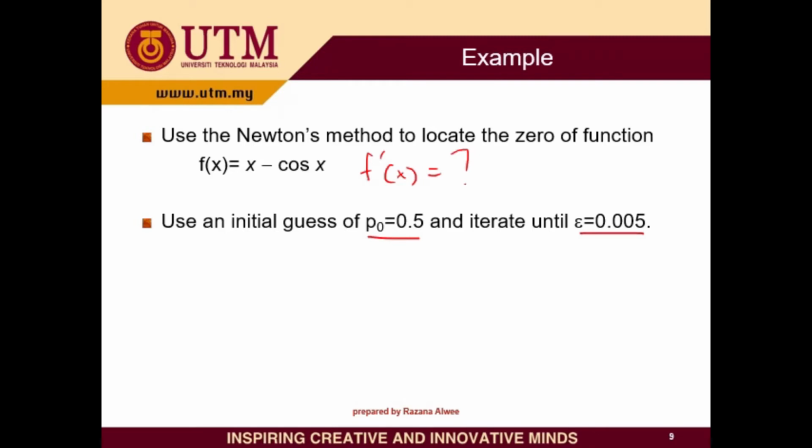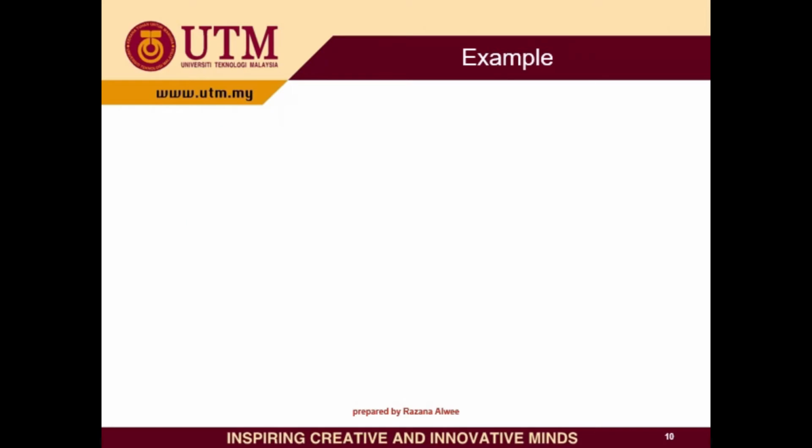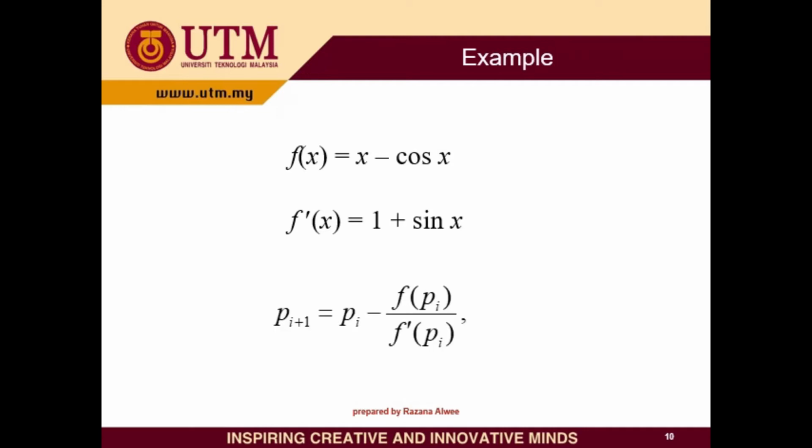How do we find f prime x of x minus cos x? You need to recall what you learned in your previous calculus class. This will not be taught in this class.